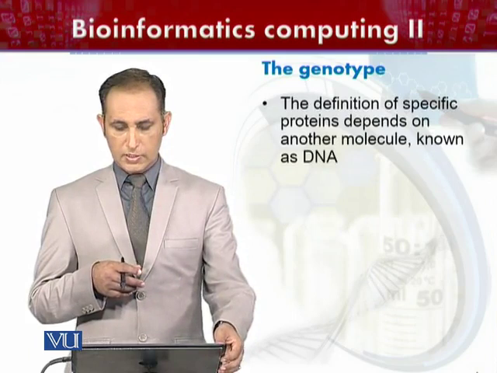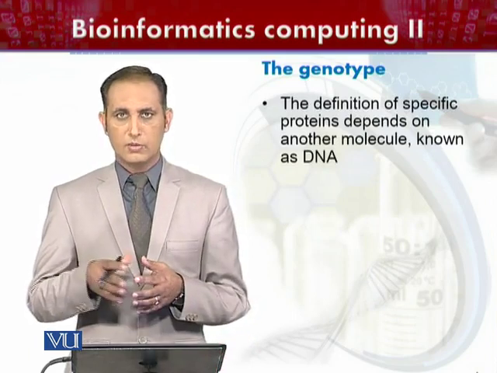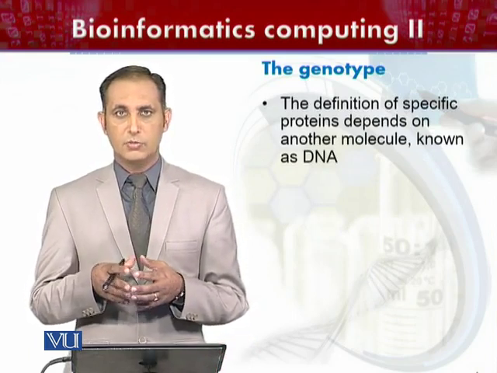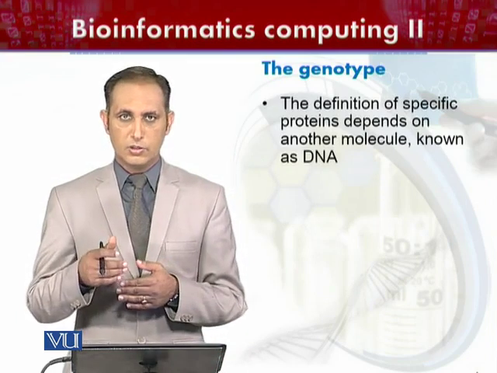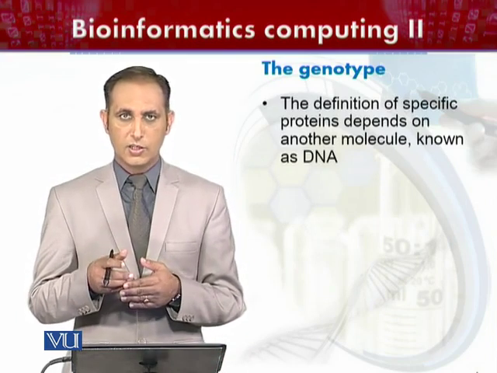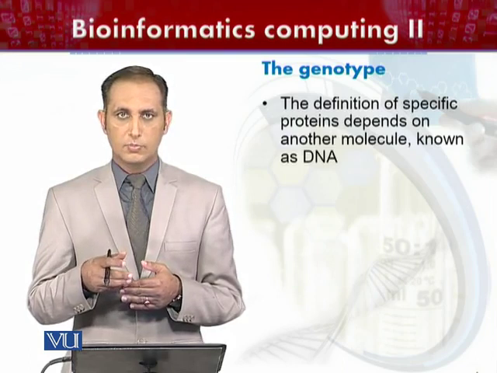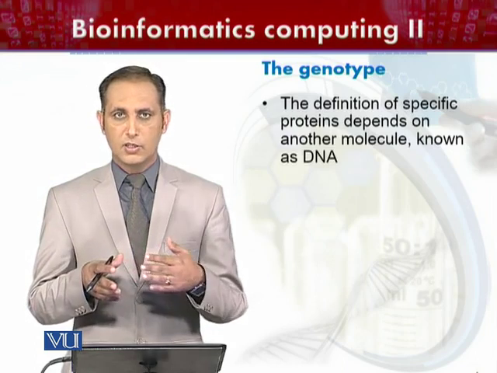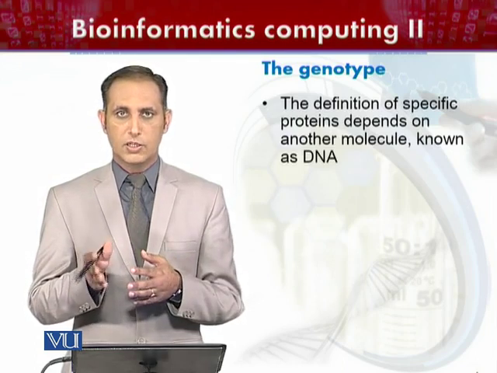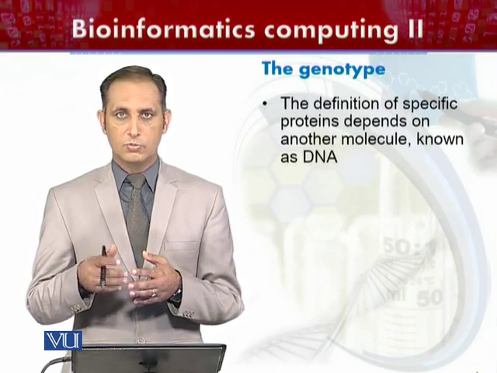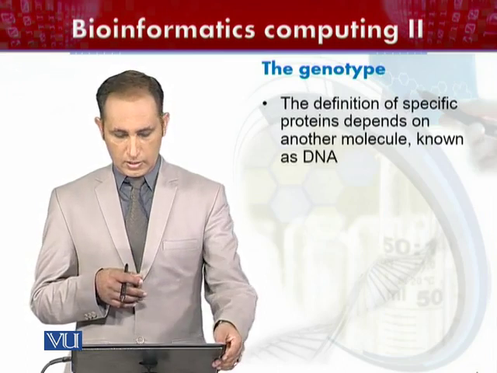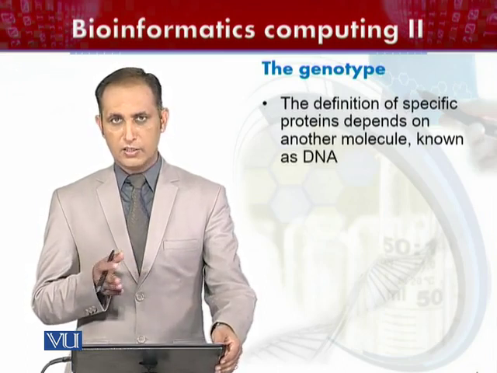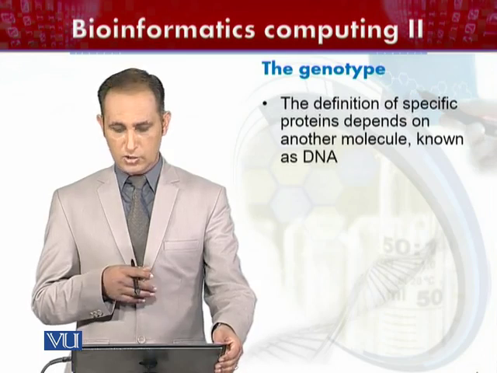The definition of specific proteins depends on another molecule known as DNA, because when DNA gets expressed, it can produce proteins. Not every DNA is expressed into proteins, because there are some DNA molecules which never express into proteins, but there are genes which produce proteins. And DNA is basically the genetic material which we are talking about, and which makes the genotype.